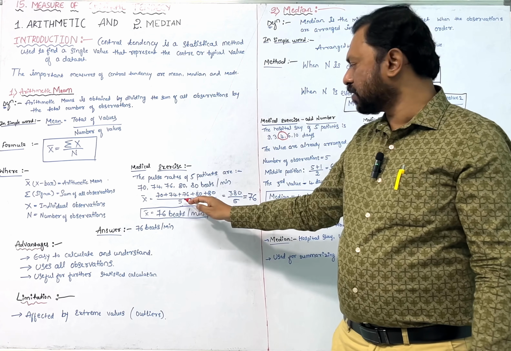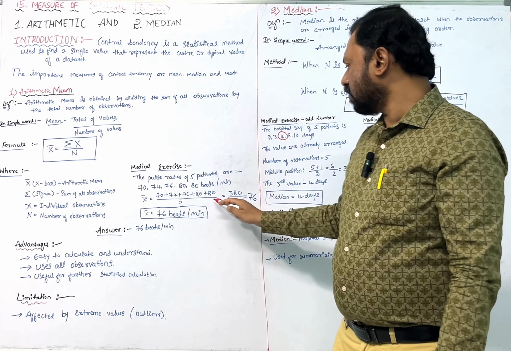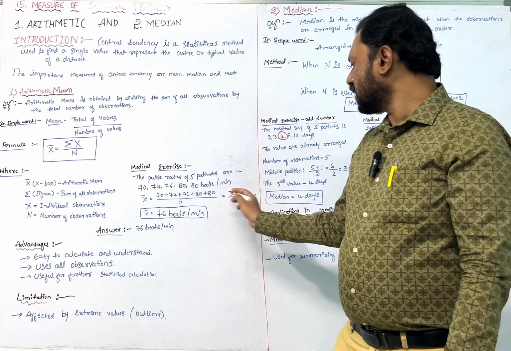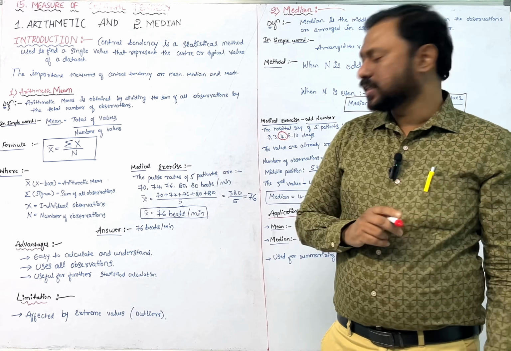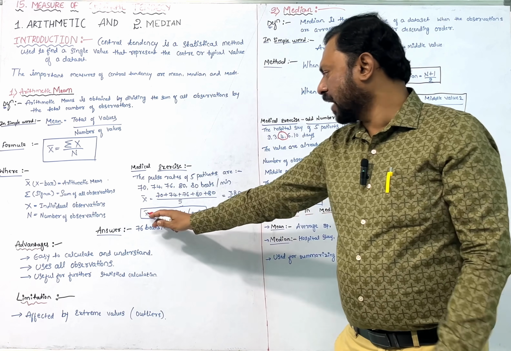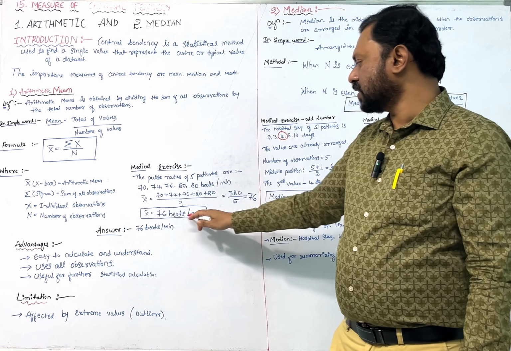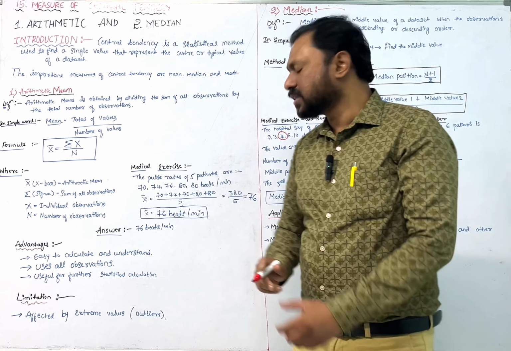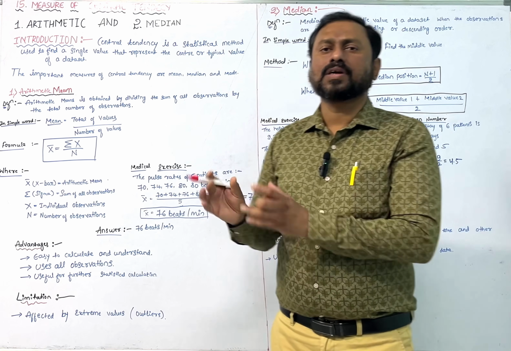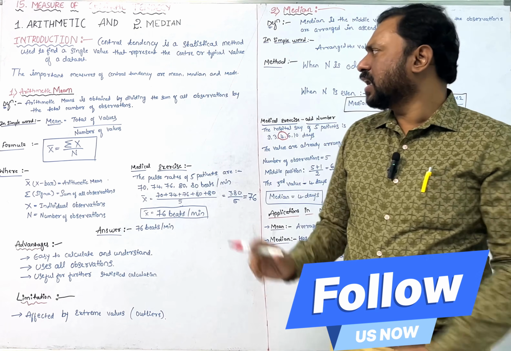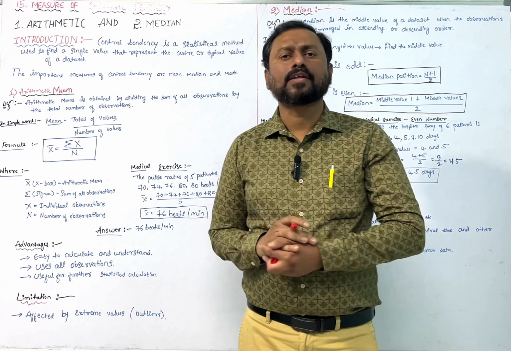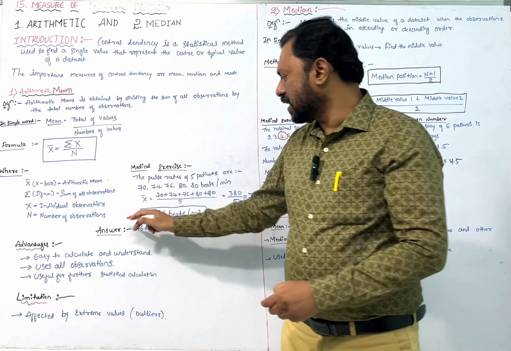The total is 380, divided by 5, and the final result is 76. So x bar, or mean, is equal to 76 beats per minute. The answer is that the average pulse rate of the 5 patients is 76 beats per minute. Like that we measure the arithmetic mean. This is the central value.